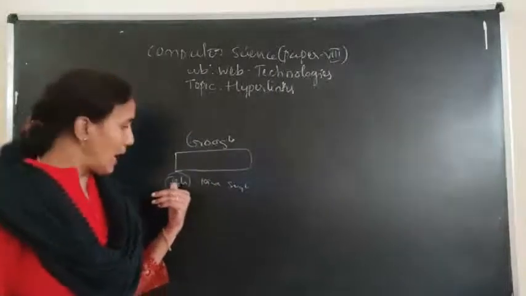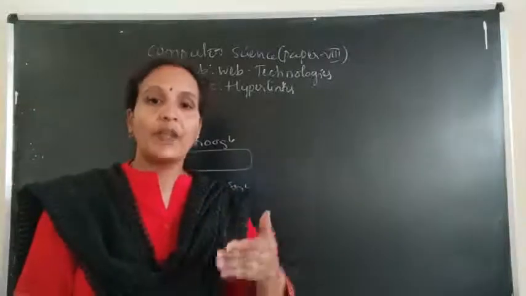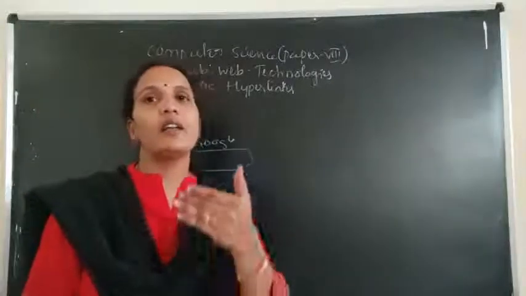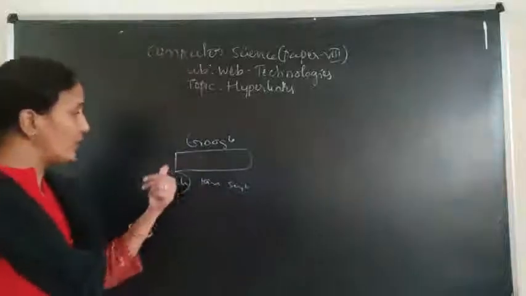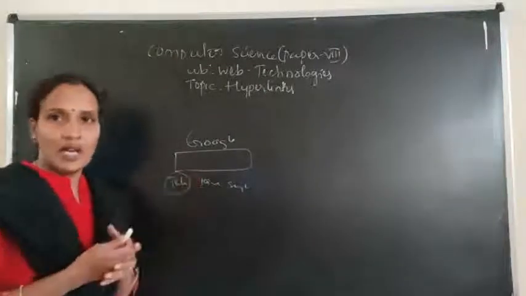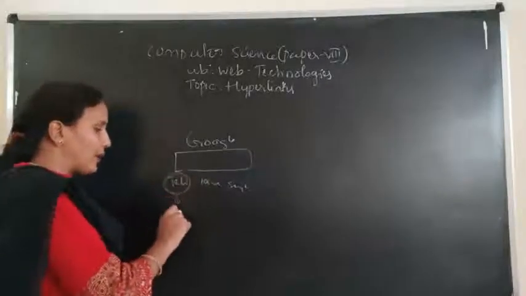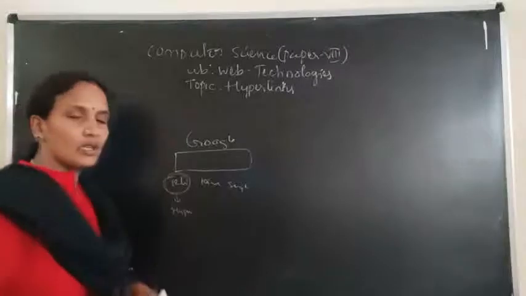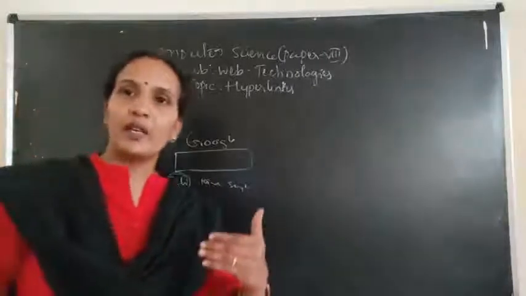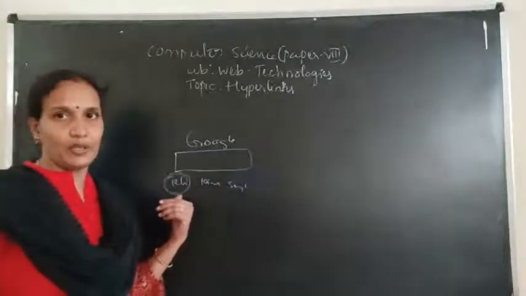Hypertext means it is similar to text only, but it contains an internal link to another document. Means when you click on this, you will move from the current document to another document. So this hypertext contains hyperlinks, which move the user from the current document to the document which is linked to this hypertext.